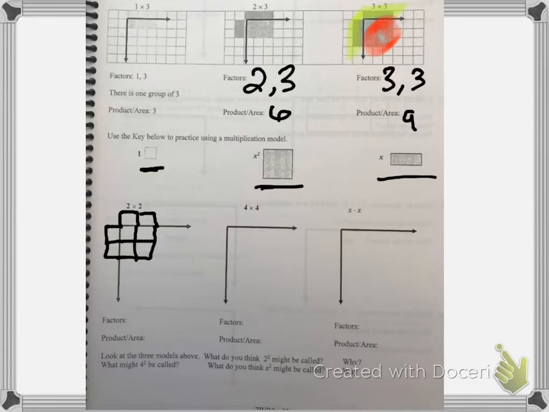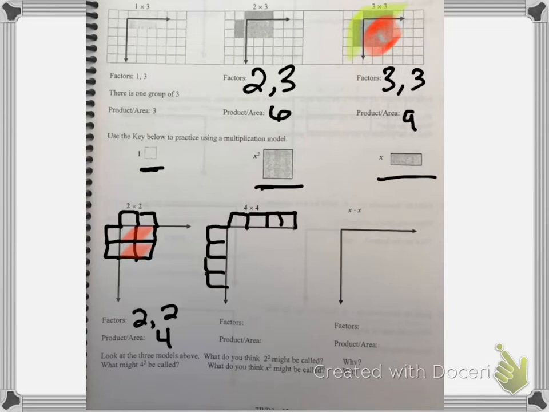So make a rectangle on the inside. For the factors on the outside, 2 and 2. The product or the area is 4 red squares on the inside. For the second one, we have 4 times 4, so once again, it doesn't matter which one goes where.